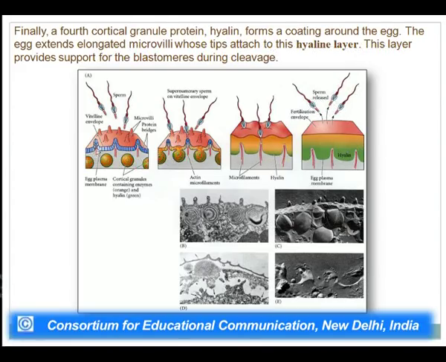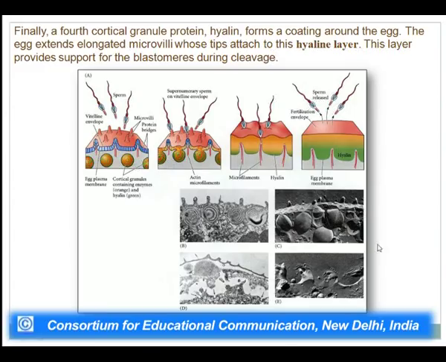This vitelline envelope has now been raised with the entire water content, and this forms the fertilization envelope. The fertilization envelope now has the hyaline layer also present, and the actin protein which was present becomes larger and grows into actin filaments.